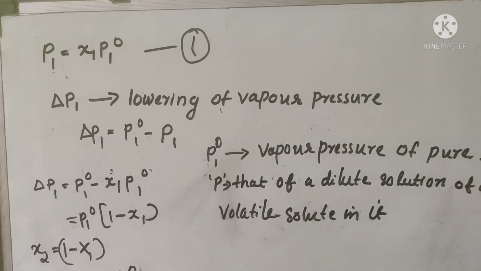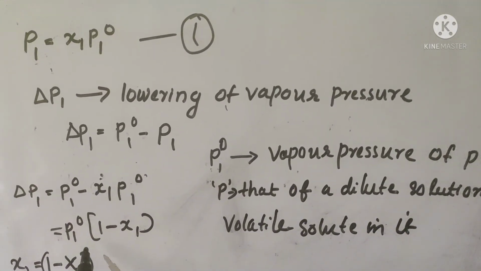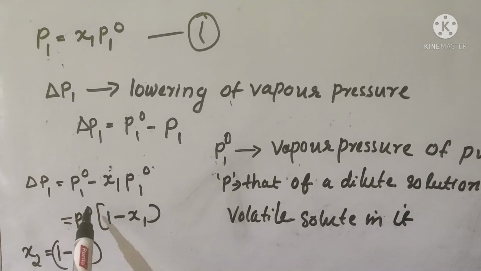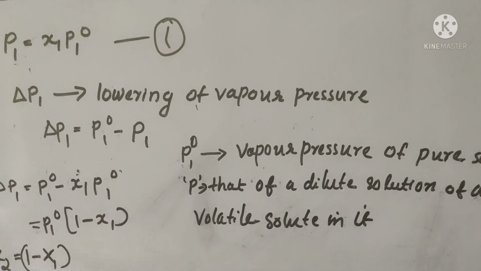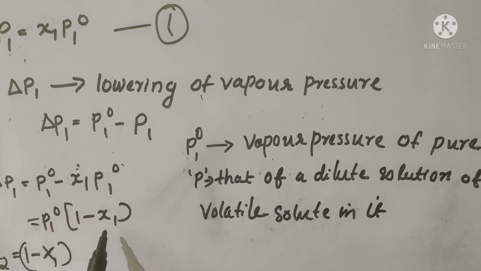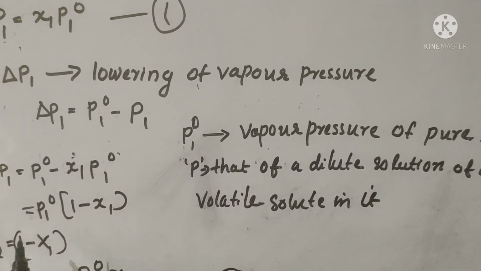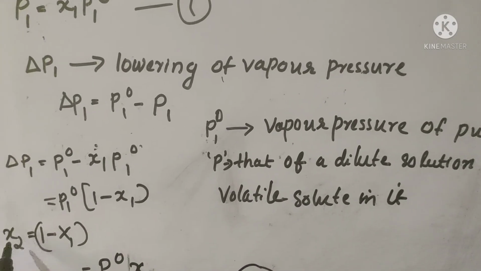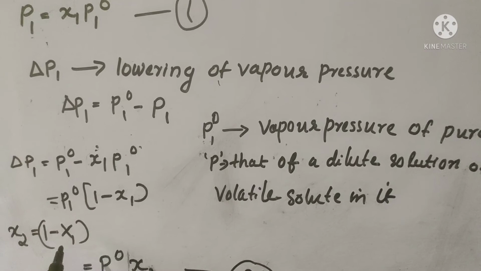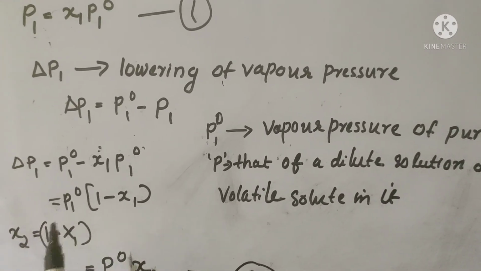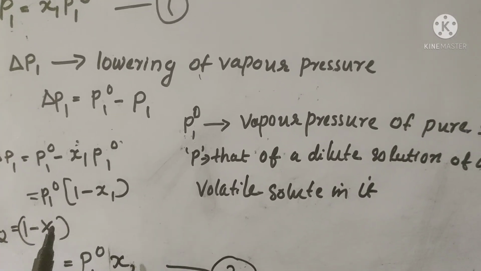Thus we get this equation, which is equal to P1° into (1 minus x1), because P1° is common. We know that x2 equals 1 minus x1, and replace 1 minus x1 as x2.